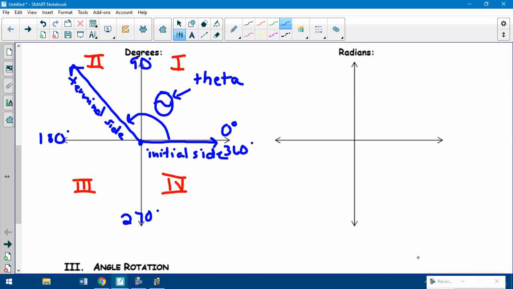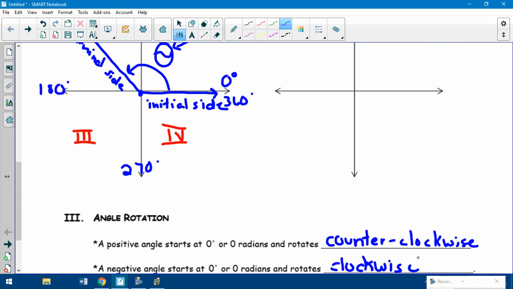Okay, so if I start in standard position like I always do, but went clockwise around, so if I ended up over here, I could call that negative theta. And in this case, I land in quadrant 3.